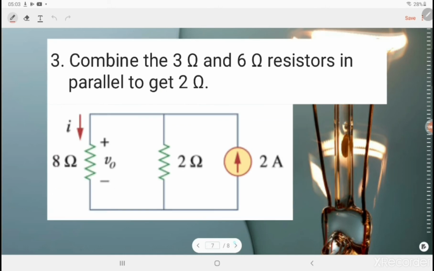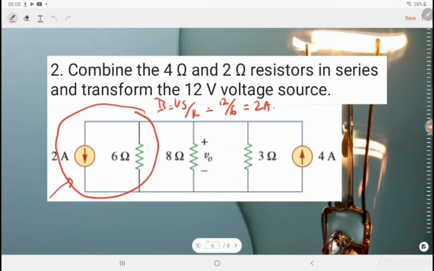Next, we combine the 3 ohms and 6 ohm resistor in parallel. Now the circuit becomes all parallel, so we can further simplify it by combining the 6 ohm resistor with the 3 ohm resistor.